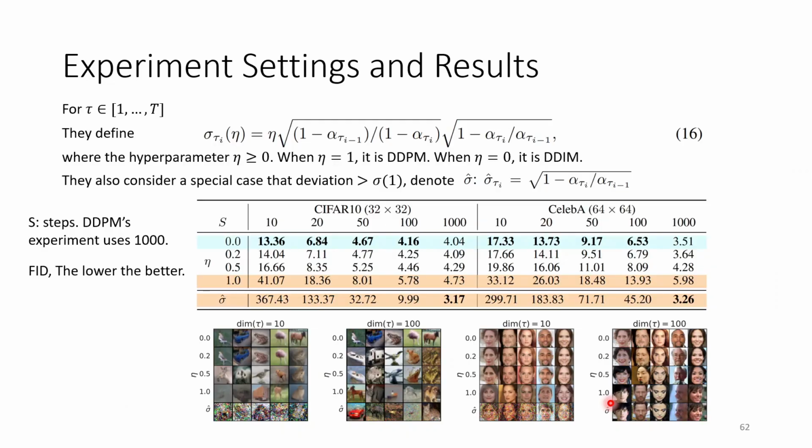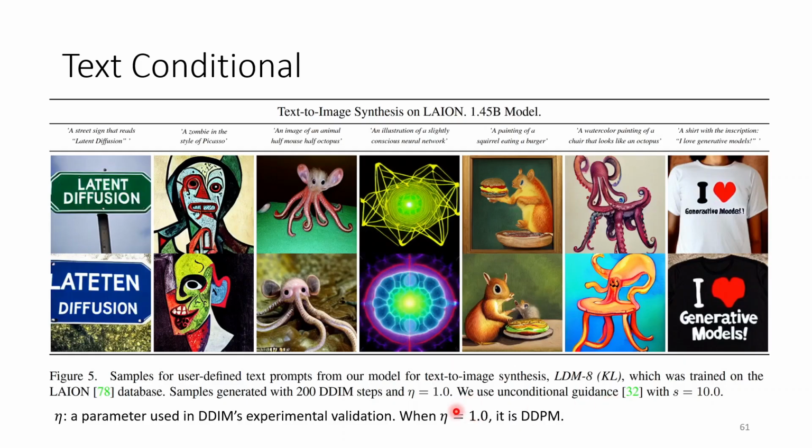Okay, so let's go back to DDIM. Oh, sorry, there is another parameter, eta. So they mean they use DDIM with 200 steps with eta as 1.0. So what is eta?